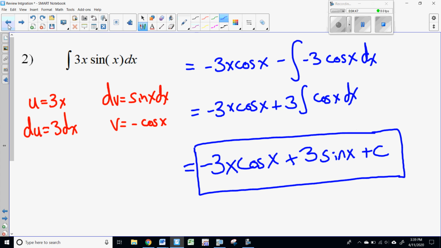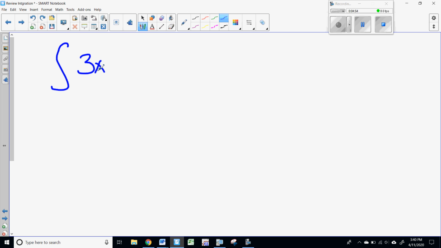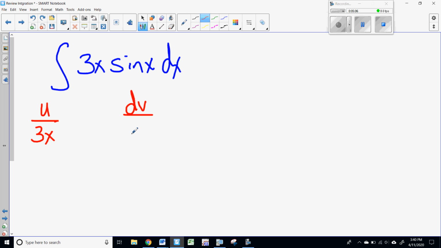Now, let's look at how we could have done this with our tic-tac-toe method. In our tic-tac-toe method, we still pick our u and our dv the same. So my u is still 3x, and my dv is sine of x. The way the tic-tac-toe method works is, for your u, you continually take the derivative until you get to 0.